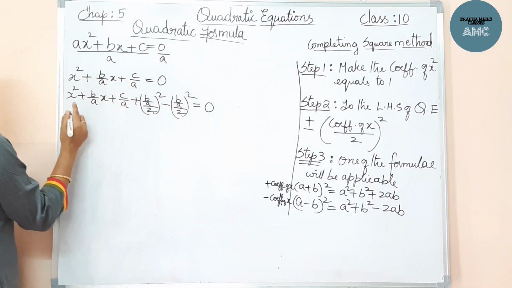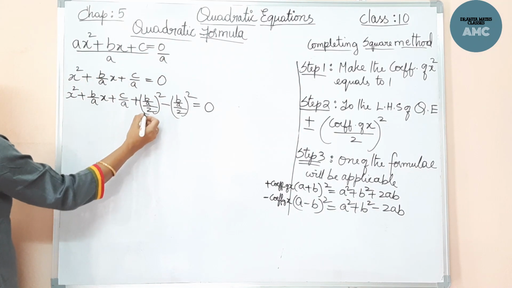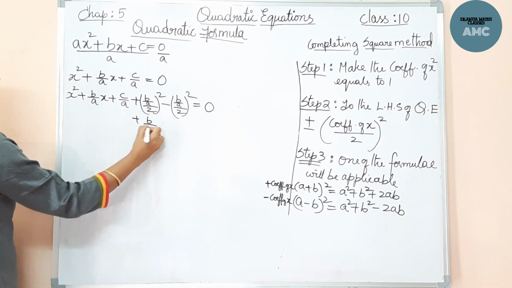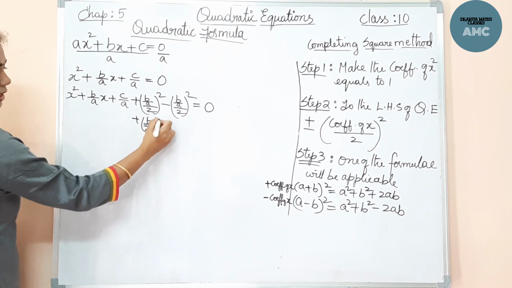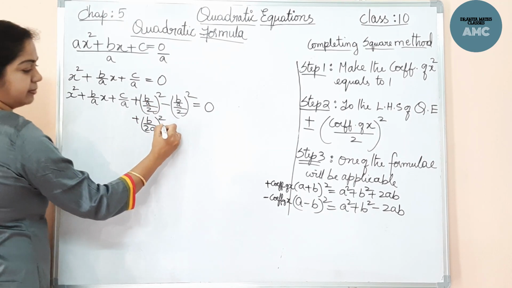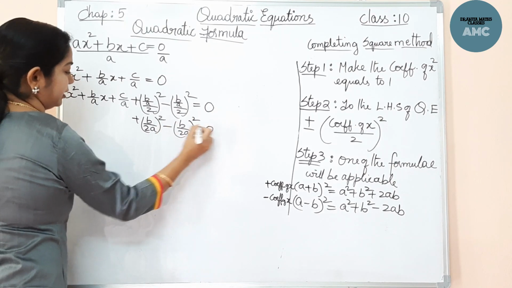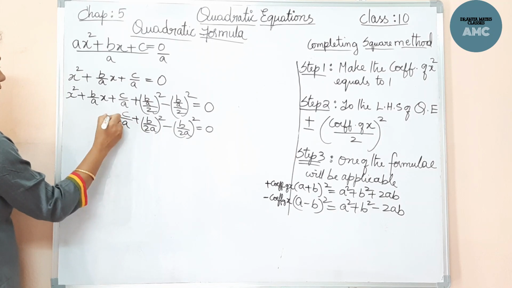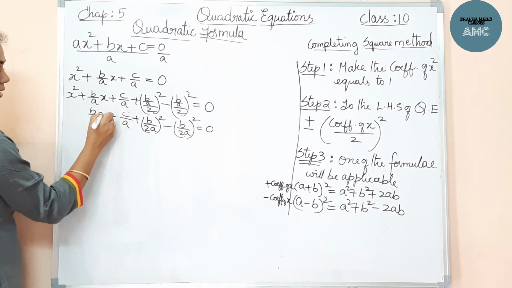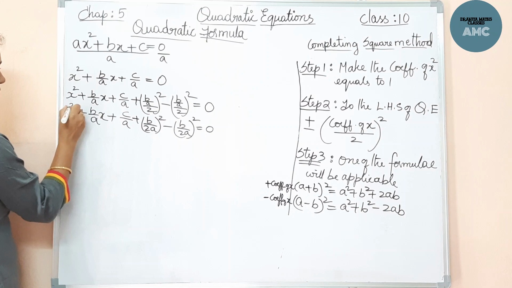Now if you see, this comes to b by 2a, so plus b by 2a, and minus b by 2a whole square. This c by a plus b by a x plus x square, as it is.